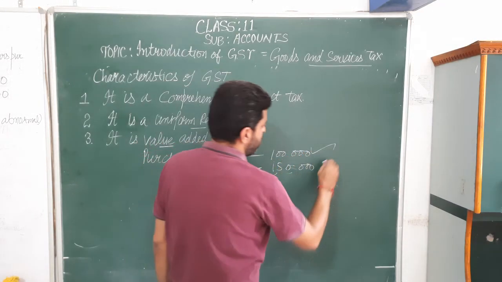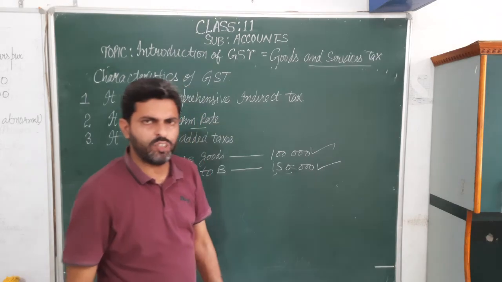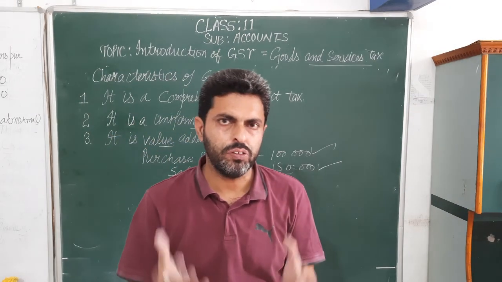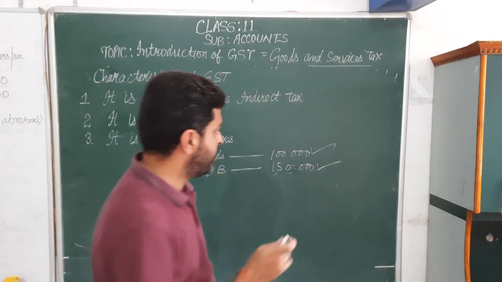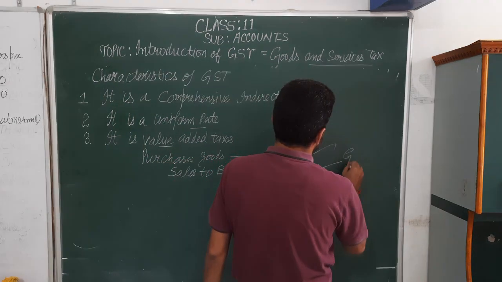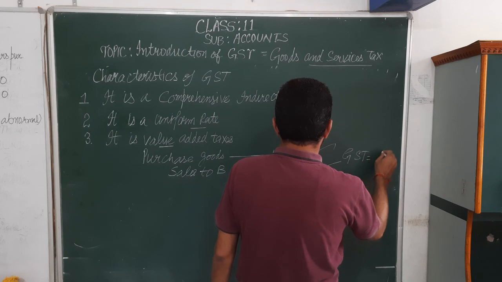This is the purchase price and this is the sale price. The same person purchases goods and sells to B. So GST here is 6%.